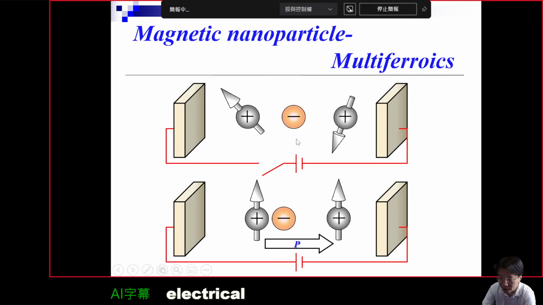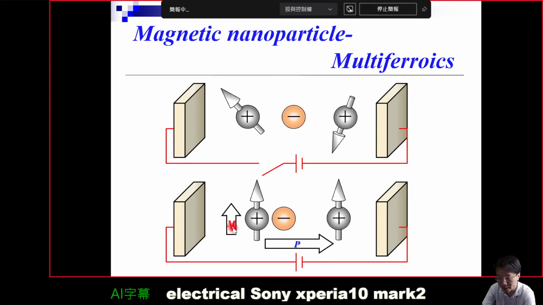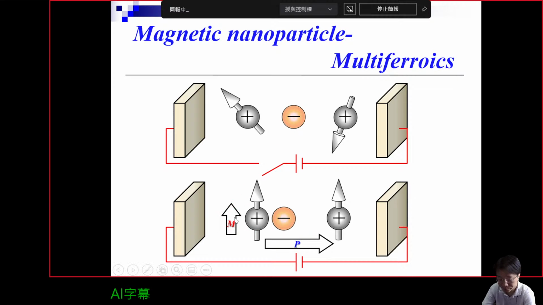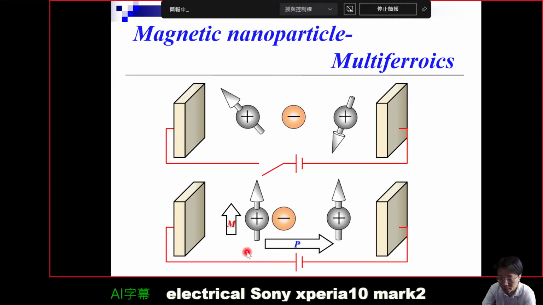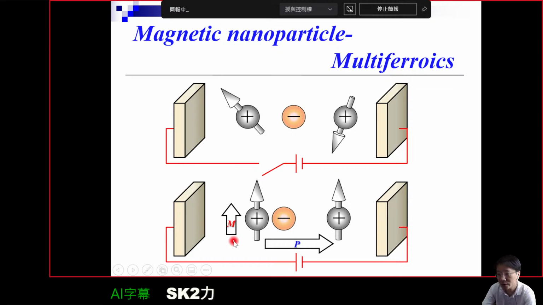So when we turn on the electric field, we create electrical polarization in this direction, but we also induce the magnetization to here. And the polarization is perpendicular to the magnetization.